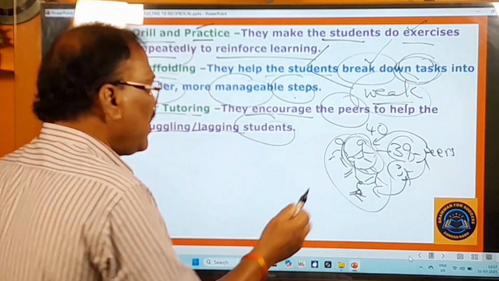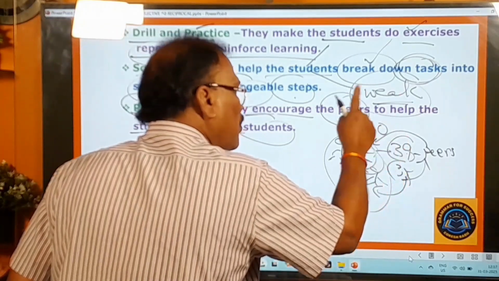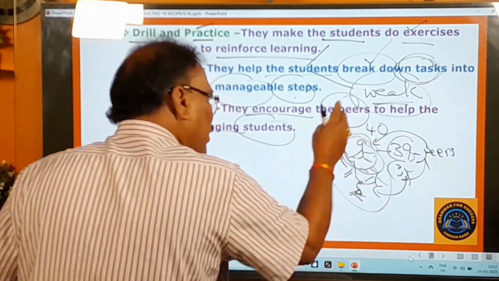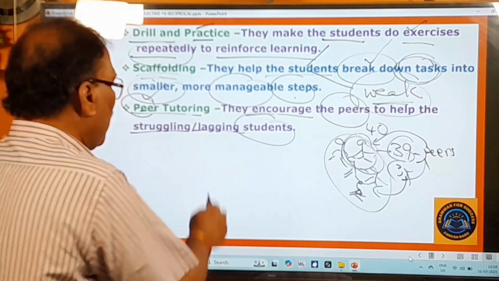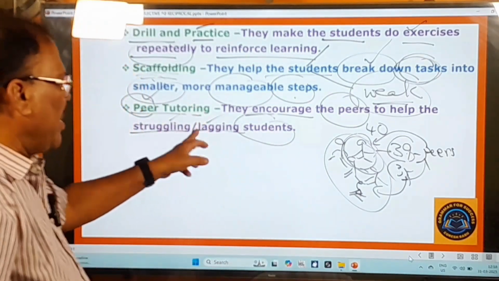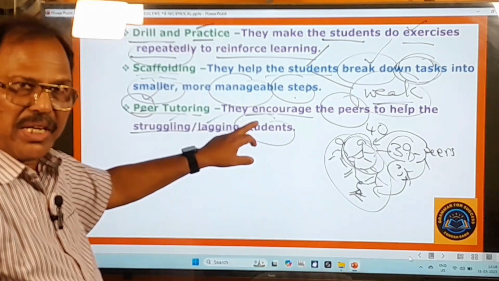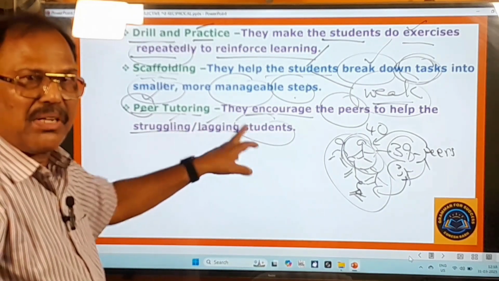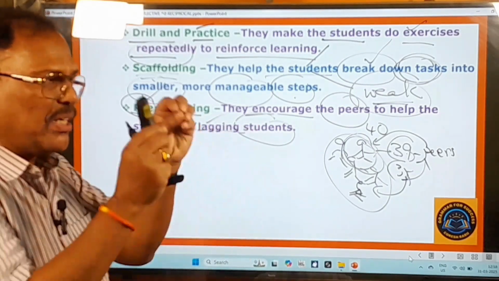So here the peers teach or help other students: backward students, lagging students, struggling students. So many names are given: weak students, lagging students, struggling students, backward students, poor students. You can give them so many names.